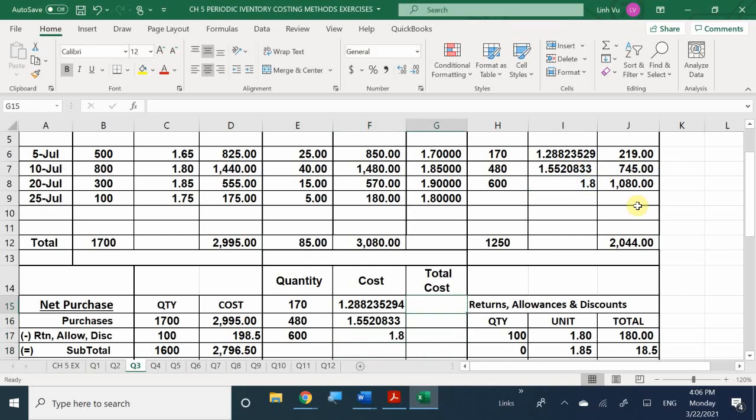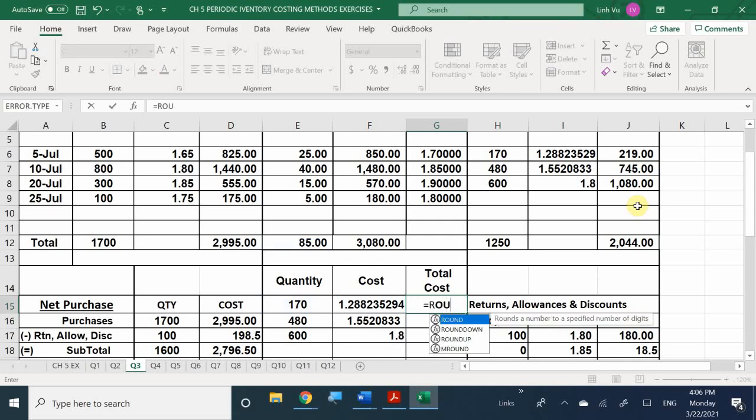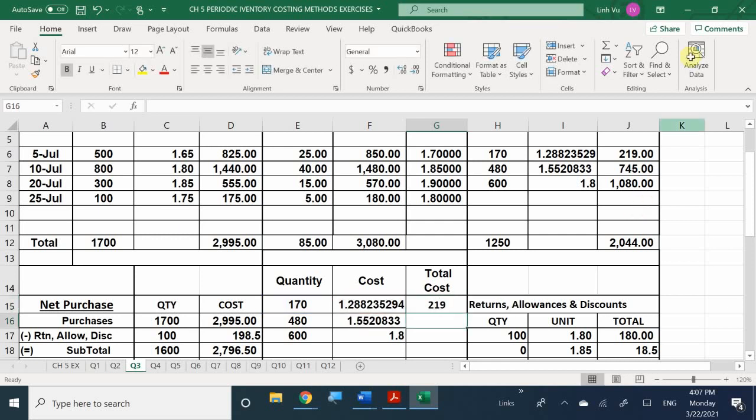Which, if you've already calculated it, should equal 219, and then this one, I'm just going to copy and paste them. We already know that this is 745 and this one should be 1,080. So by knowing that we're going to get rid of all three batches, we can safely assume that we can just pull all three down here.